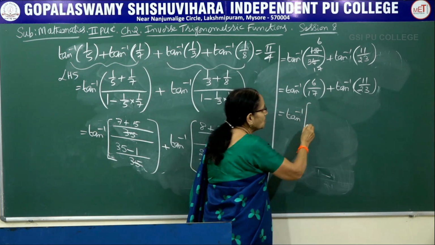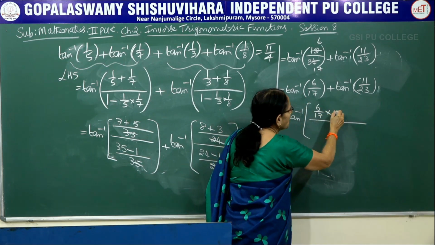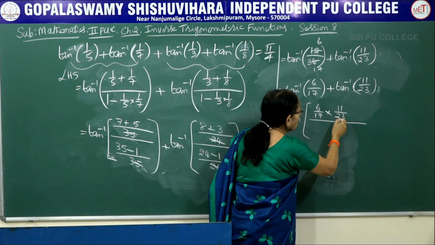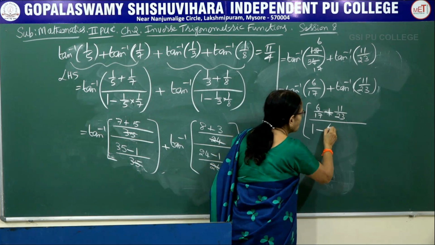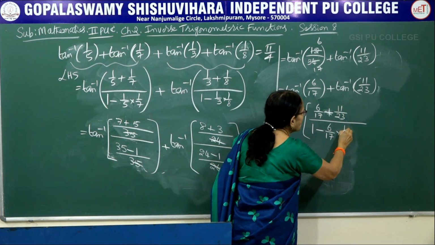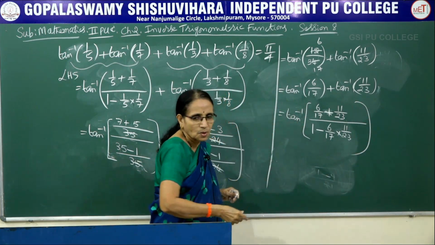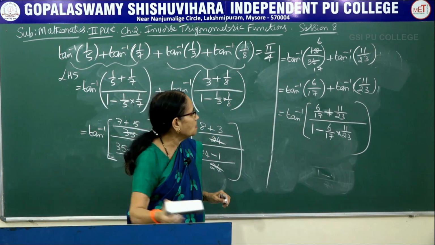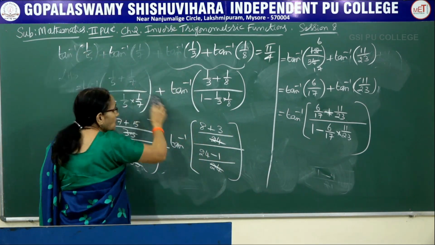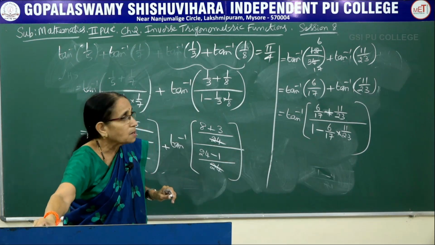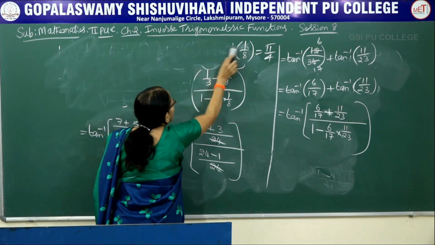Finally, tan inverse of (6/17 + 11/23) divided by (1 - 6/17 into 11/23). So tan inverse of (x + y) divided by (1 - x into y). So we have to simplify this one, taking the LCM for the numerator as well as the denominator.